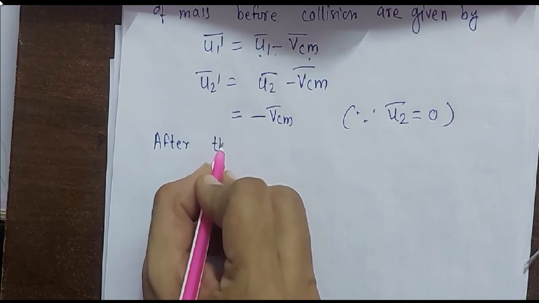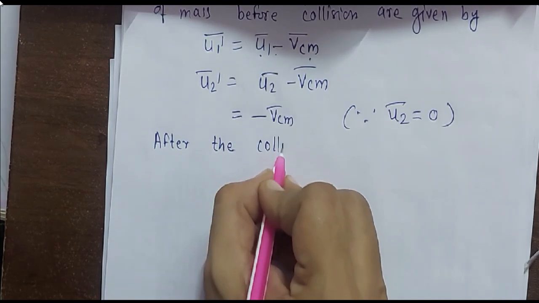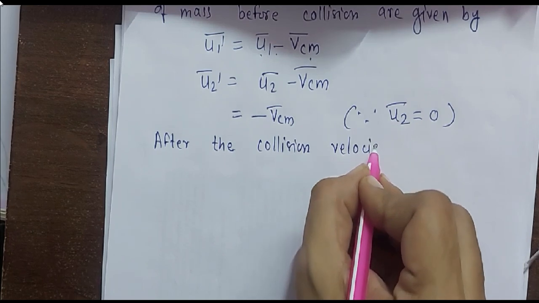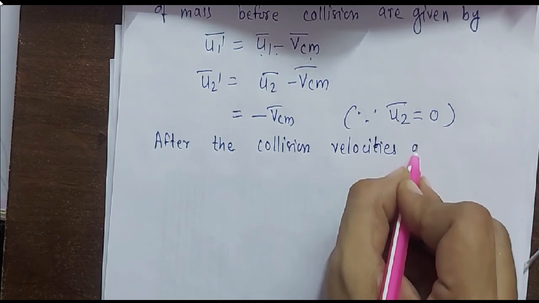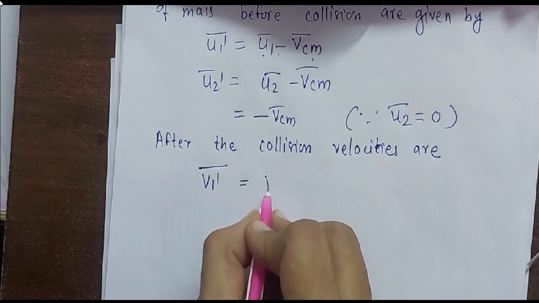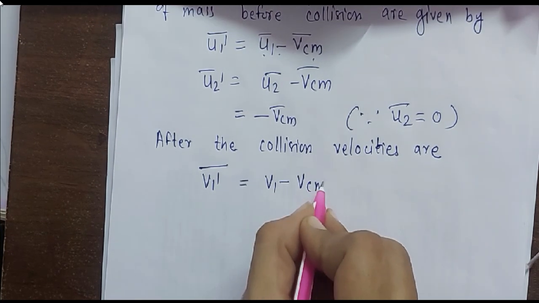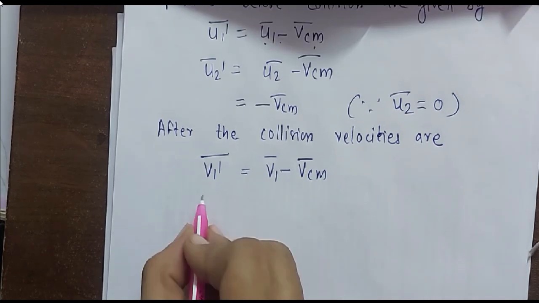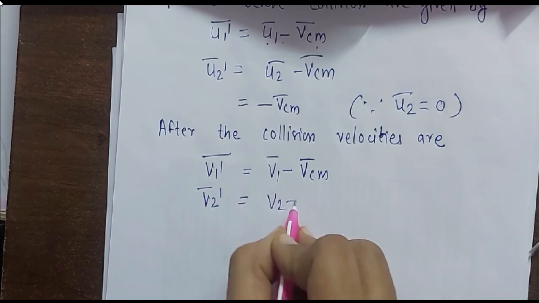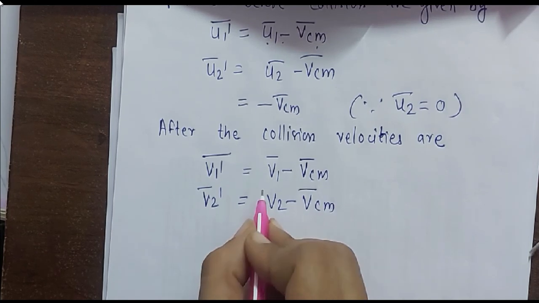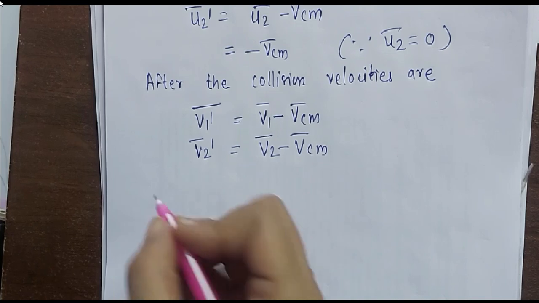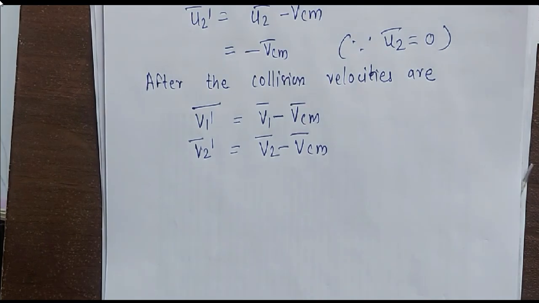After the collision, velocities are v1 dash bar is equal to v1 minus vcm, and similarly v2 bar dash is equal to v2 minus vcm. But at the same time, we know that the total linear momentum of the system in center of mass frame is also 0.